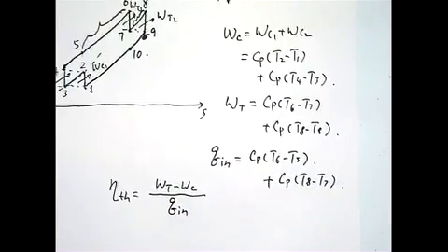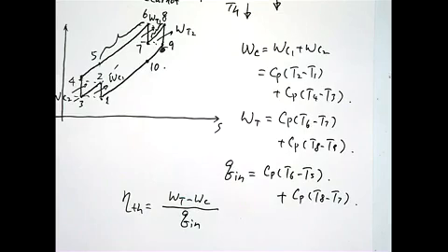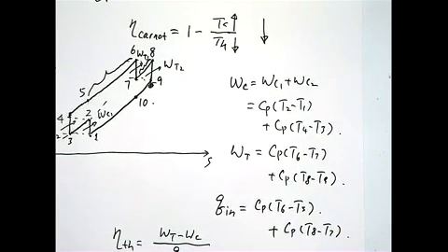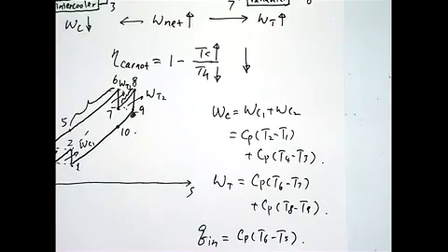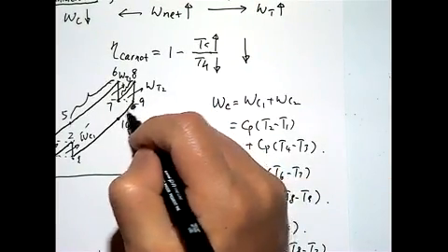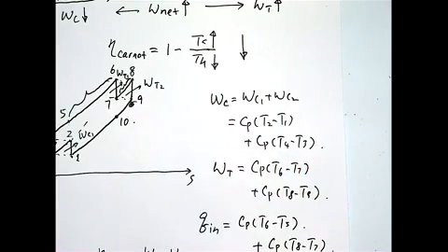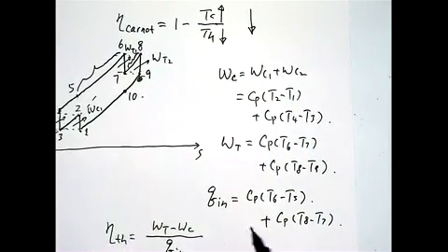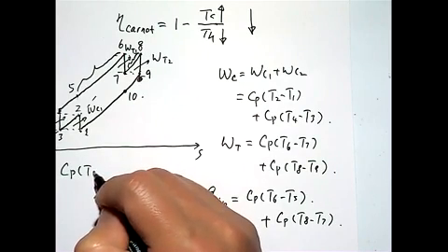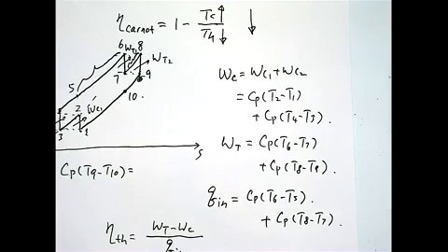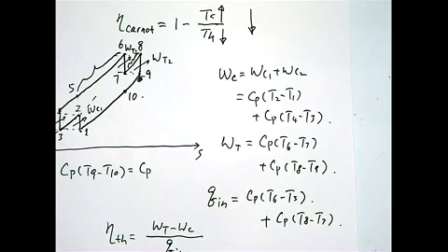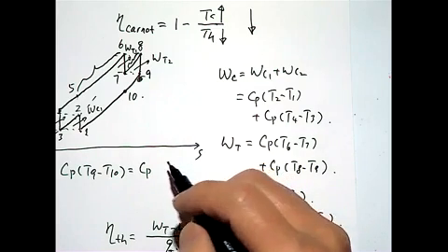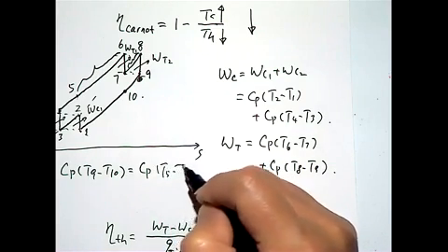And also, you want to be clear there is an energy balance at the regenerator. So you would have the temperature difference between the two states, Cp (T9 minus T10), should equal to Cp of what temperature difference? 5 to 4, yeah, T5 minus T4.